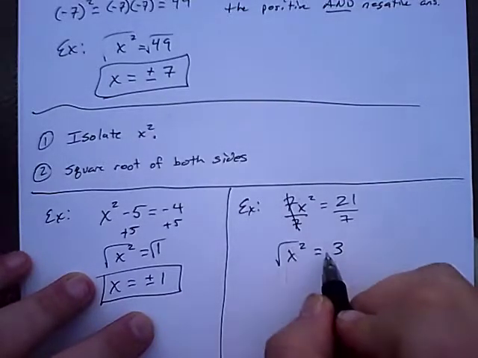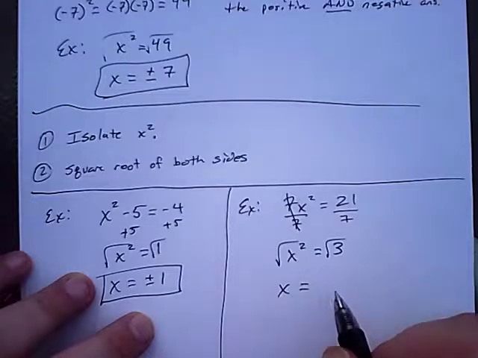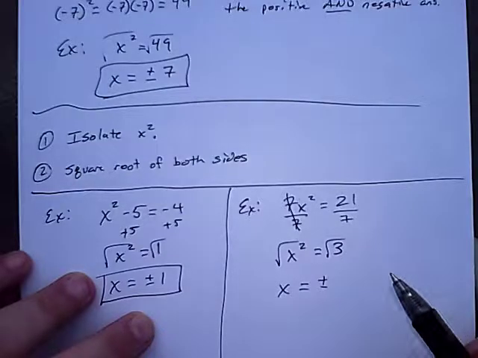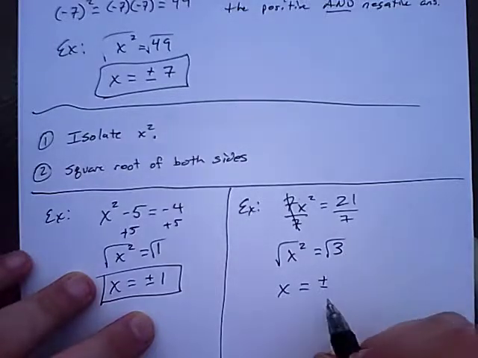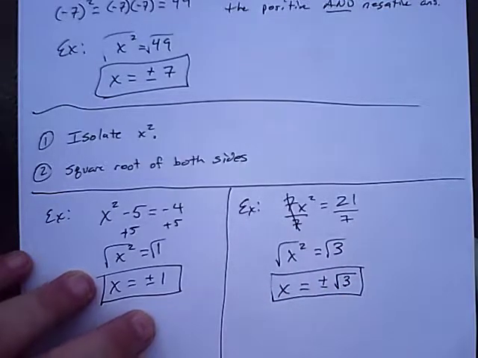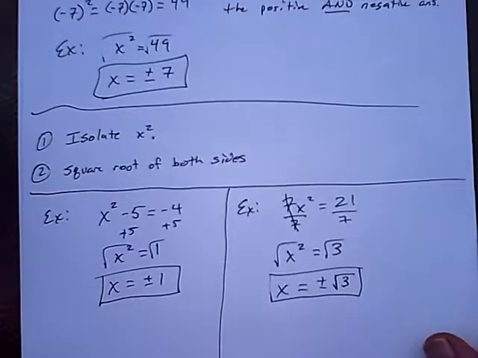Now when I take the square root of both sides, I end up with x equals plus and minus the square root of 3. It's not quite obvious what that is, it's 1 point something or other, so we're just going to leave it as the square root of 3. No sense in taking it too much further than that.